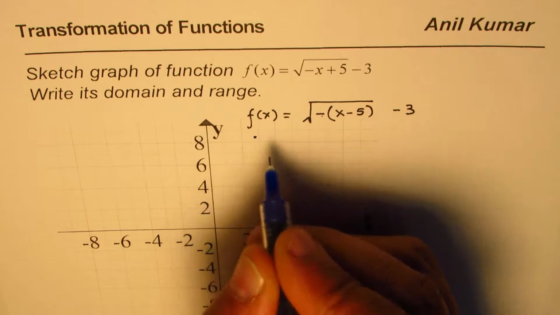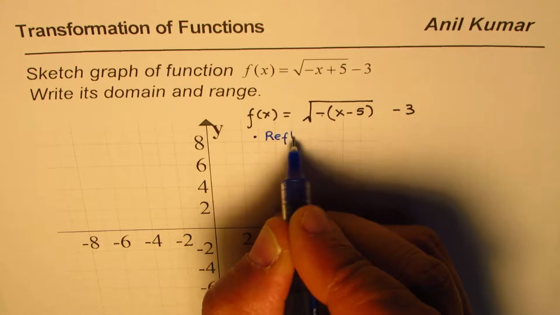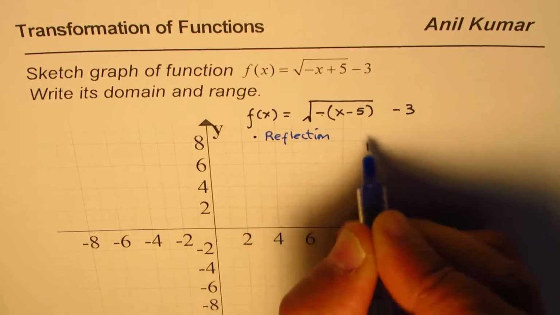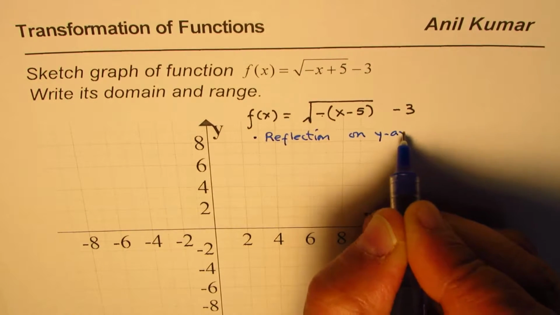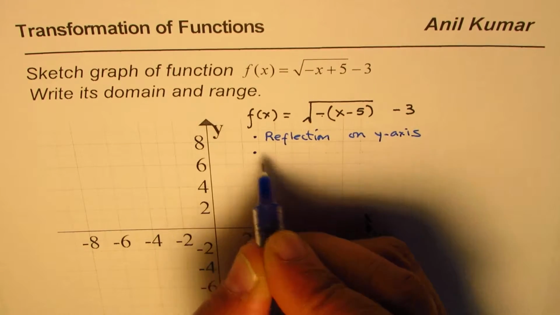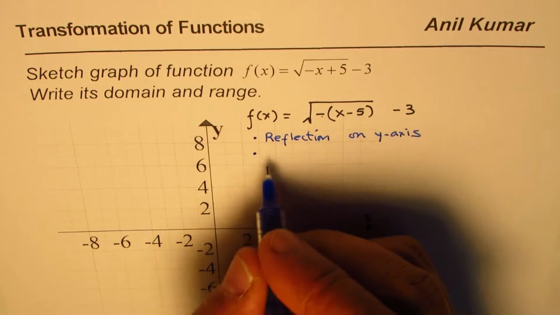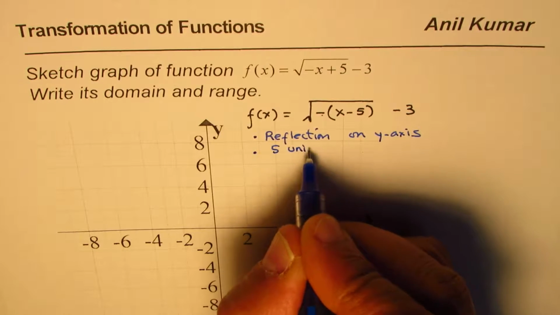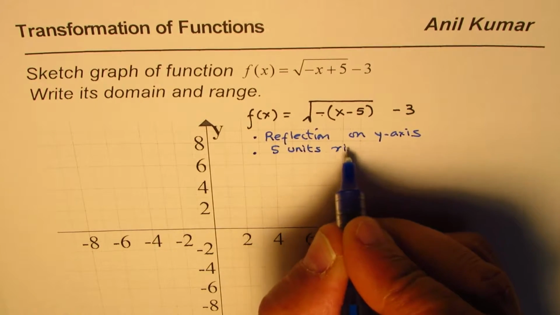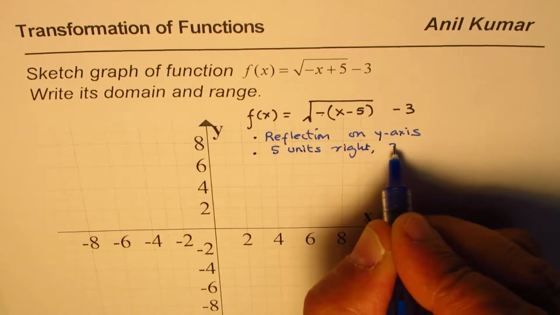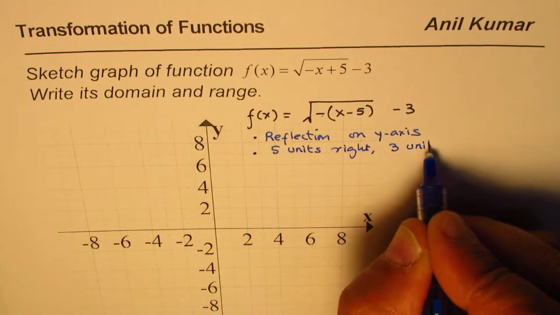So the transformation is reflection on the y-axis. And as far as translation is concerned, it is 5 units right, 3 units down.